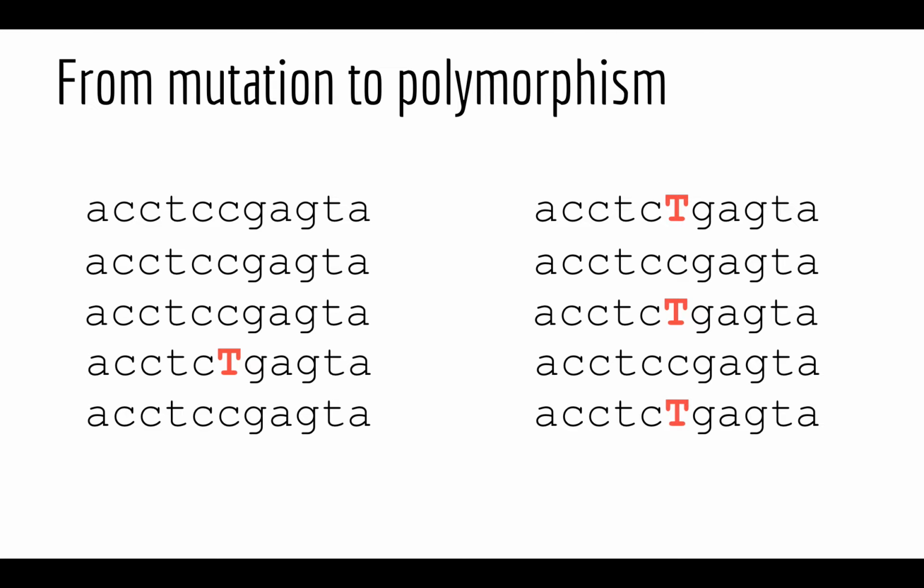What if it did? Well then, if that mutation is on a sperm that goes on to fertilize an egg, that zygote goes on to produce an offspring. That mutation is now technically not a mutation anymore. It was a mutation, now it's a polymorphism.